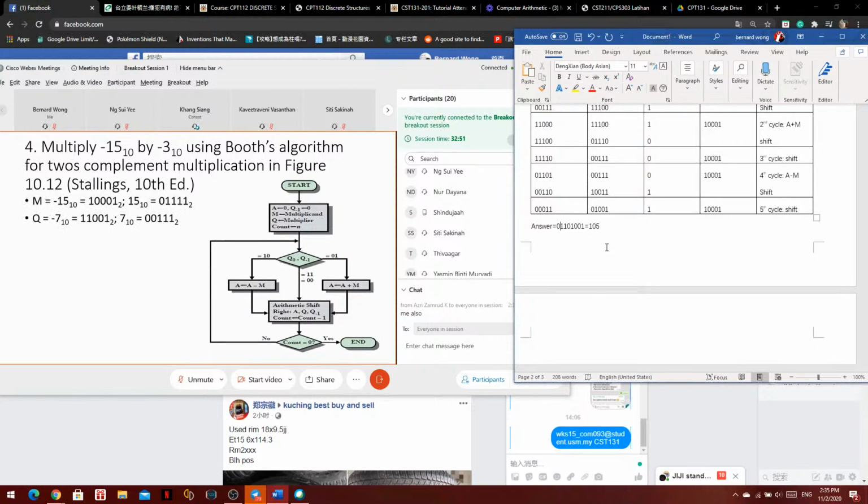Based on this, first of all, just convert it. So -15 and -3, you should know which one is the multiplicand and which one is the multiplier. So you convert them.